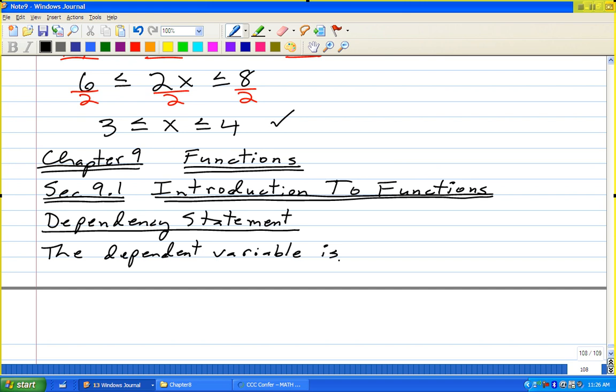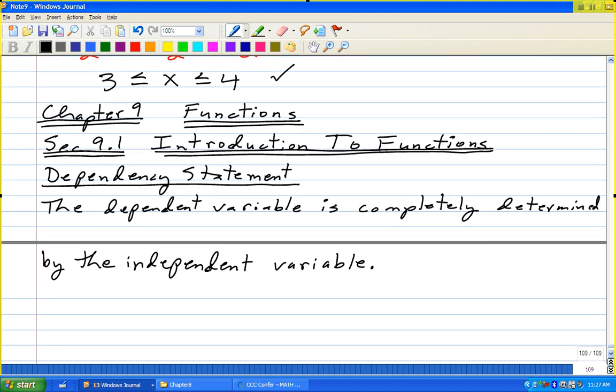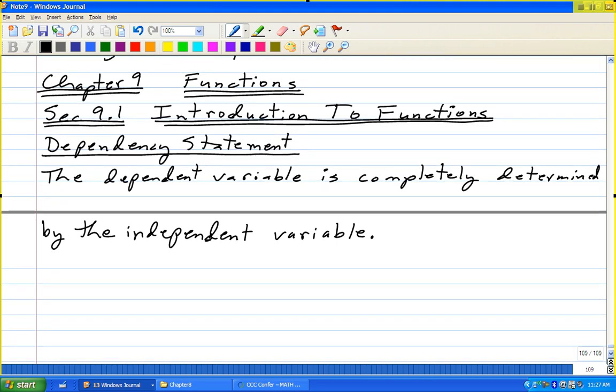And this dependent variable is completely determined by some sort of relationship, completely determined by the independent variable. And so we want to determine what the relationship is between this independent variable and this dependent variable.